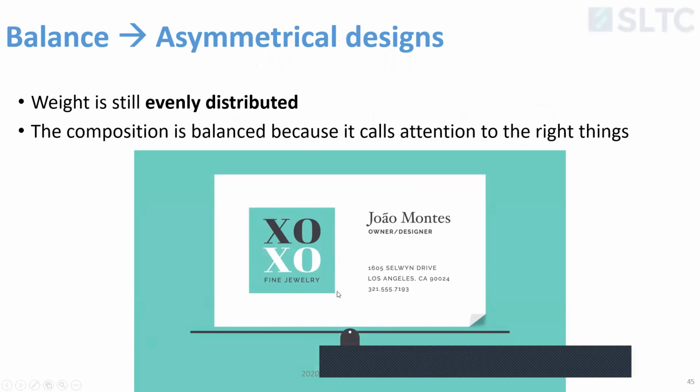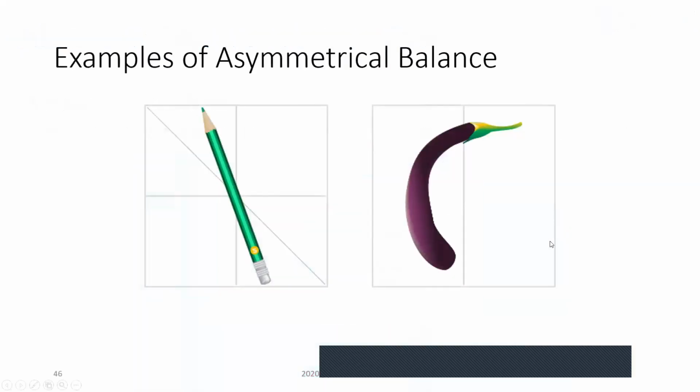Look at the line here. Look at the space. Right? So this looks like a very carefully thought-out design, but you still see the balance there, right? Here's another asymmetrical balance example.